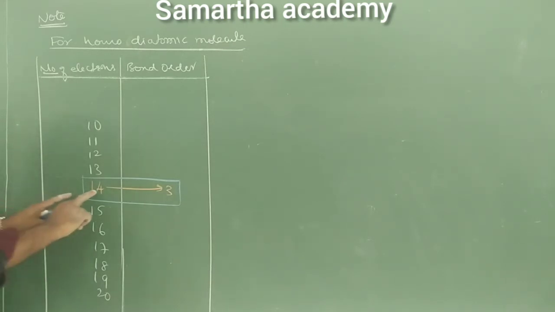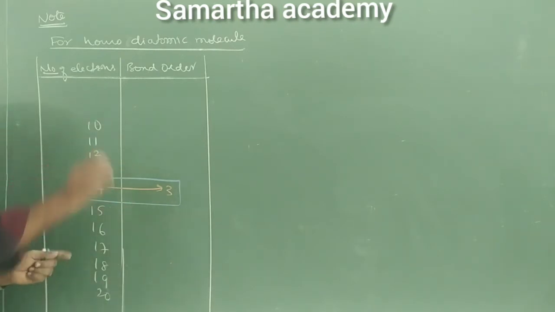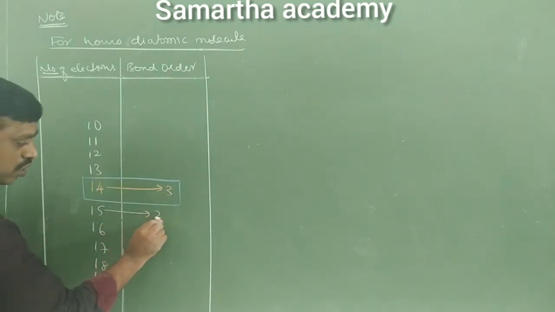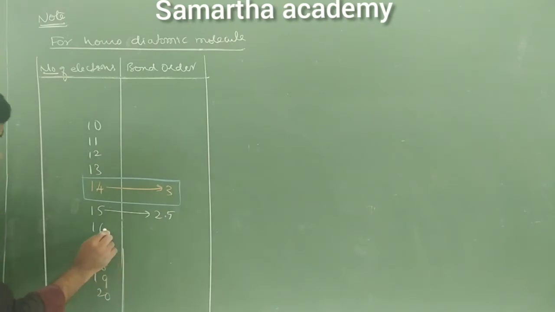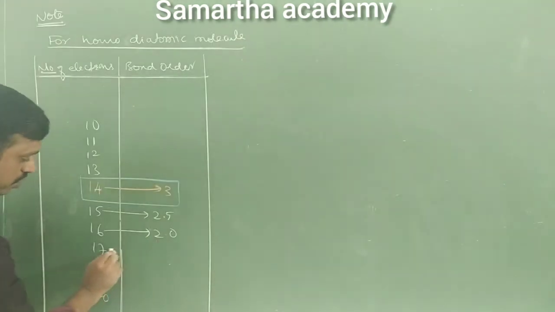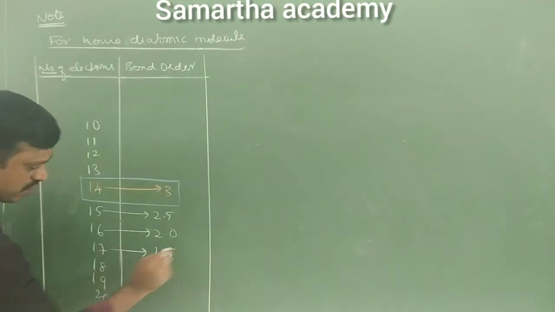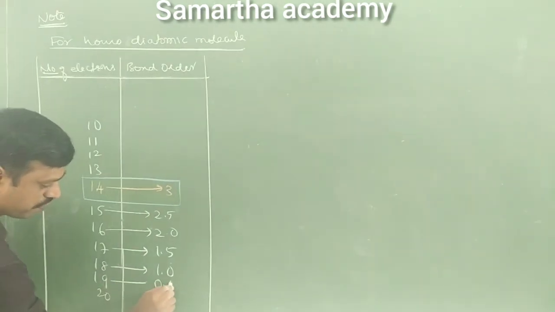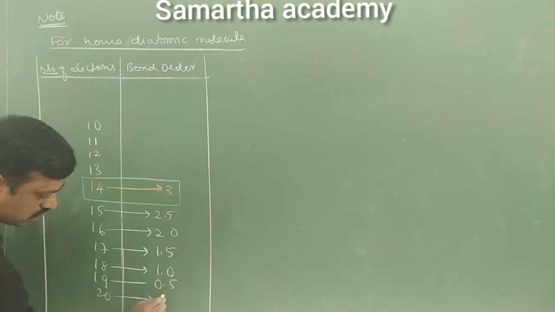Then tell me, the maximum bond order is 3. As the number of electrons increases or decreases, bond order decreases by 0.5. It means if there are 15 electrons, what is the bond order? 2.5. Then 16, 2.0; 17, 1.5; 18, 1.0; 19, 0.5; 20, 0.